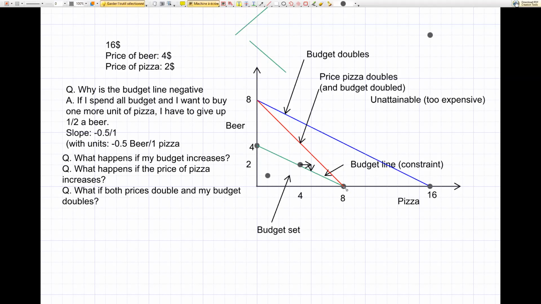It will change if only the price of pizza changes or only my budget changes. But if my budget doubles and the price of pizza doubles, then I'm still going to be able to buy 8 pizzas. But then this would change. But this point here wouldn't change. Because it's proportional, right? Exactly, proportional.